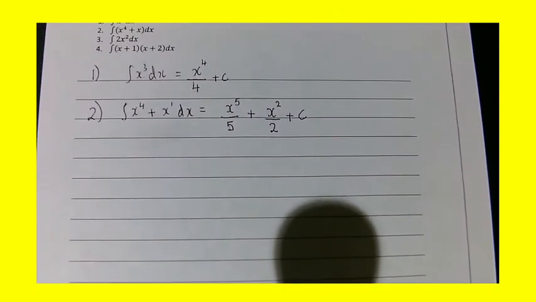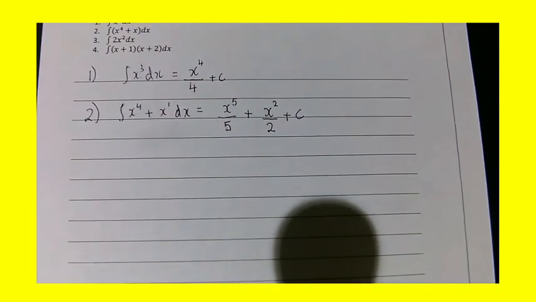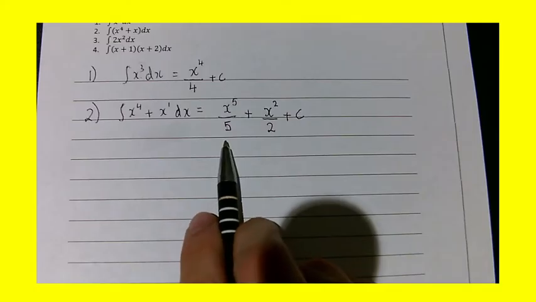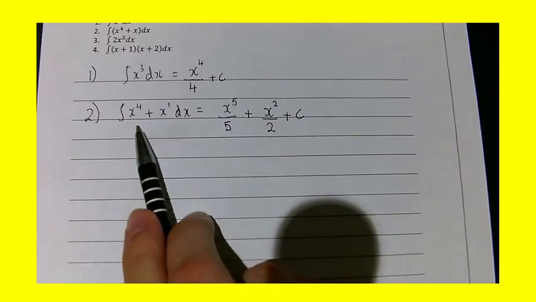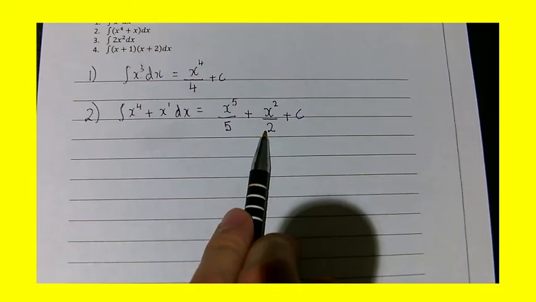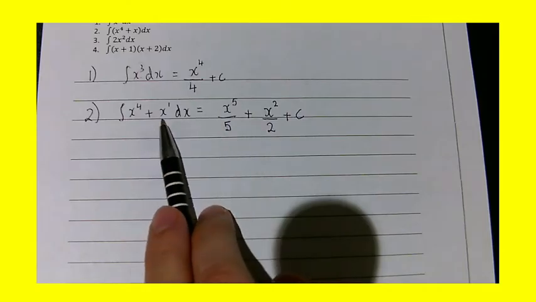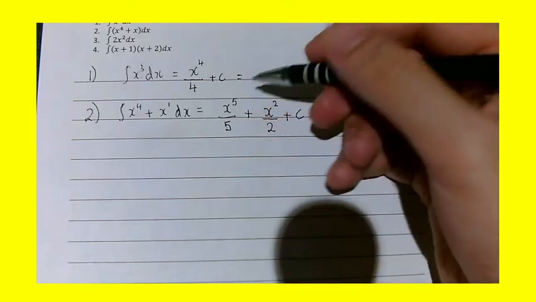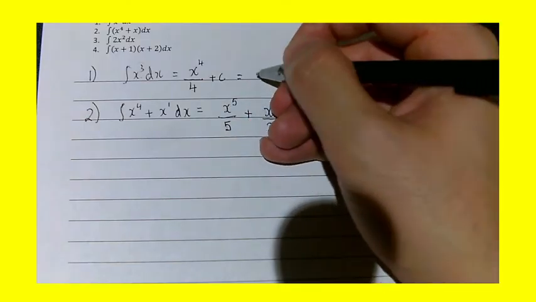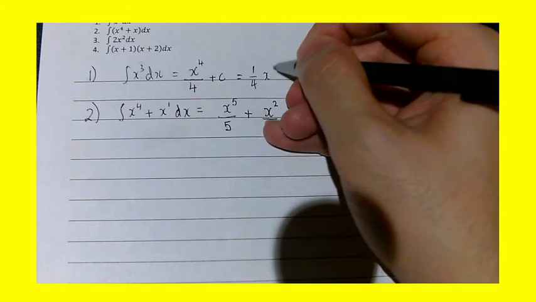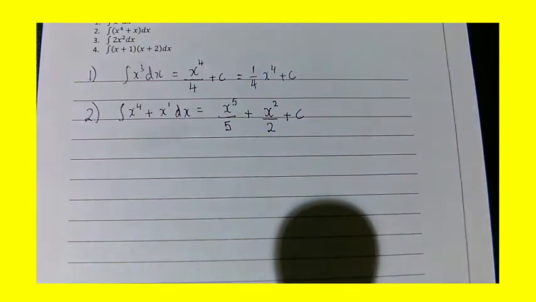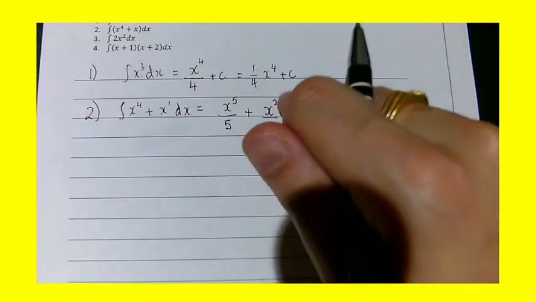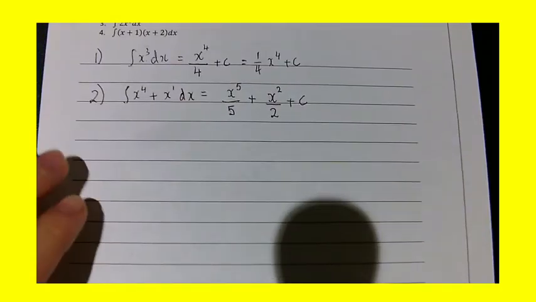And again, how can I check that that's correct? If I differentiate x to the power 5 over 5, do I get x to the power 4? Yes, I do. Differentiate x squared over 2, do I get x? Yes, I do. Now, of course, you don't have to write over 4 if you don't want to. You can write it as a quarter x to the 4 plus c. It's completely up to you. They're equivalent in terms of what they're getting you to do.